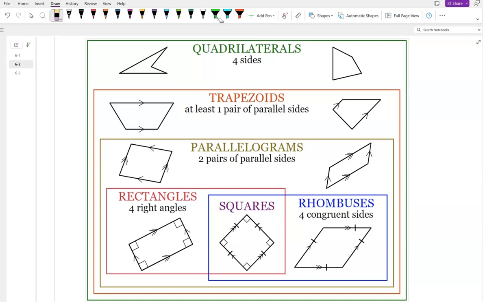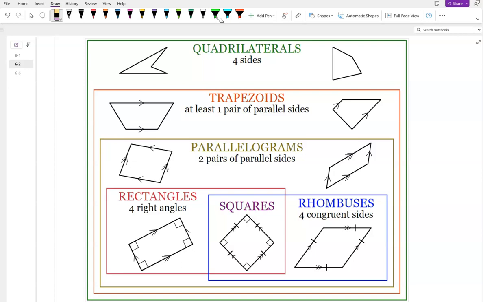Technically all of these shapes are trapezoids because they all have at least one parallel pair of sides. Once I have two pairs, I can call it a parallelogram. If they have four right angles, I can call it a rectangle. If all the sides are equal, it could be a square or a rhombus. So these are just more specific descriptions as you work your way down that list.